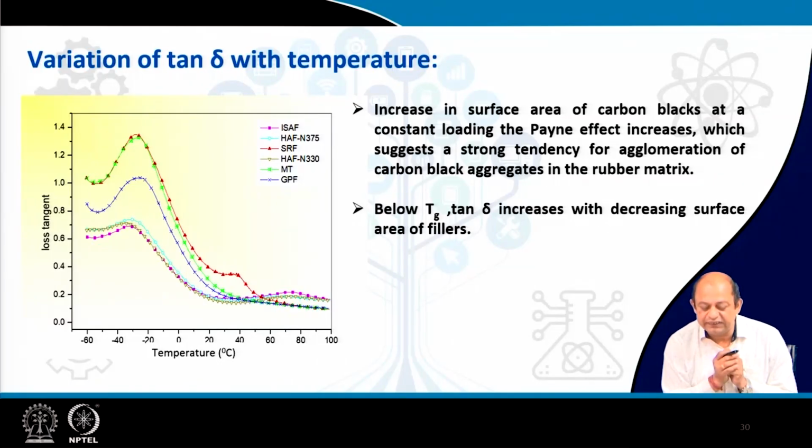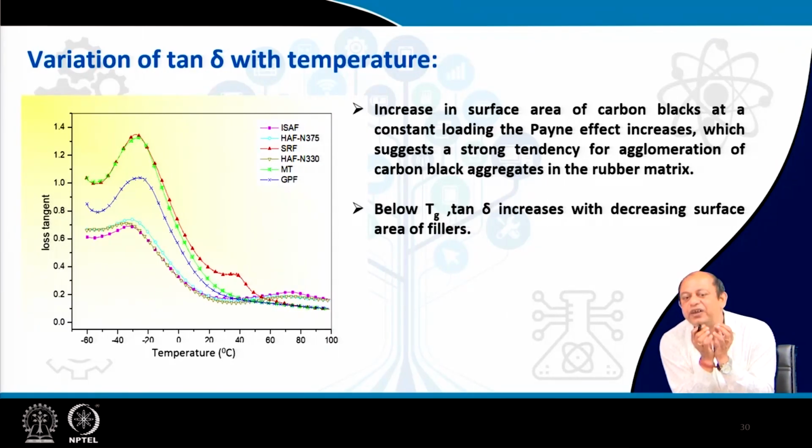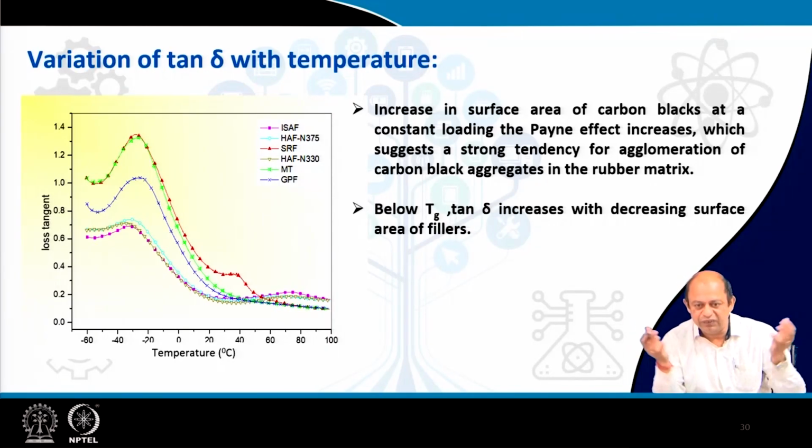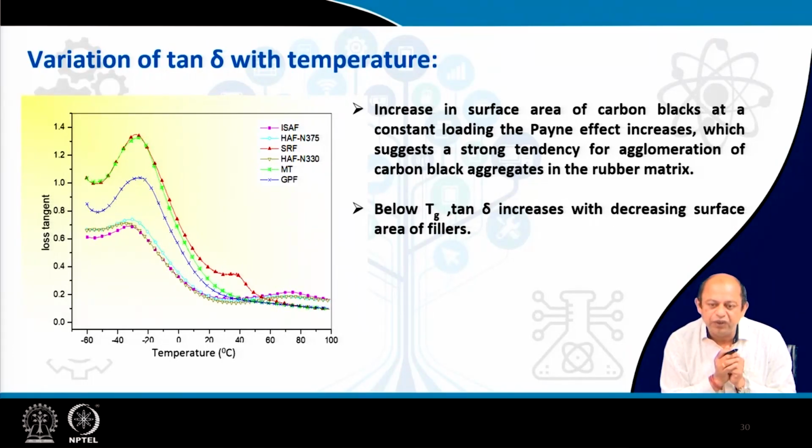In general, below Tg tan delta decreases with decreasing surface area of the filler, at a similar loading. If I consider the Payne effect, the smaller the size, the more it will try to aggregate. It has a higher surface to volume ratio in that essence.